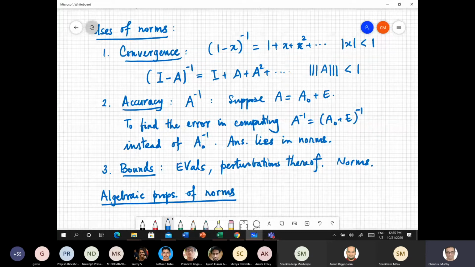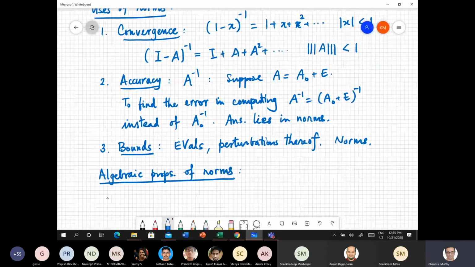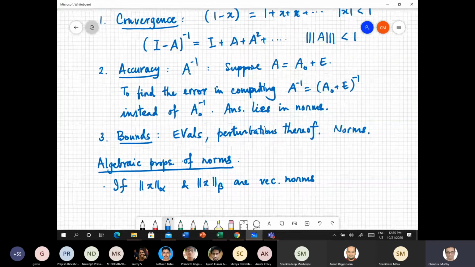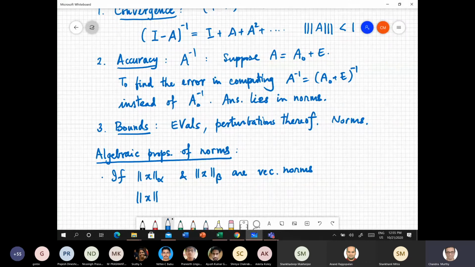And I'll give two examples here. So the first is that if x alpha and x beta are vector norms, then if I define norm x to be equal to the max of these two numbers, then this is a vector norm.